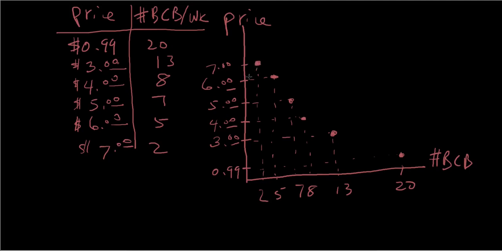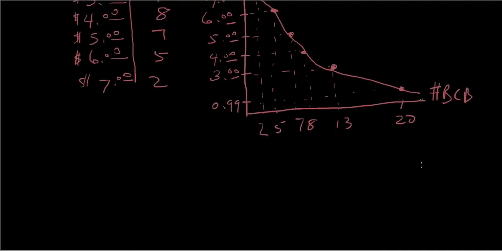Roughly, the demand from this demand schedule can be represented by this graph. This is a demand curve based on the demand schedule, and as you can see, the demand curve is sloping downward. One thing to know here is that we have downward sloping demand.